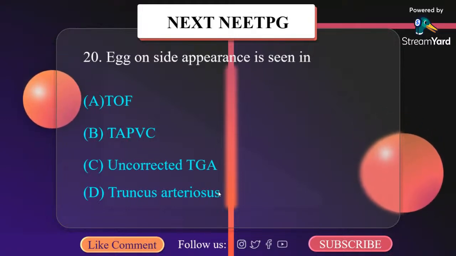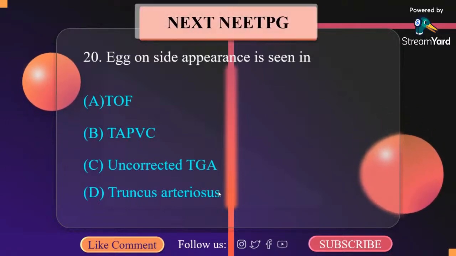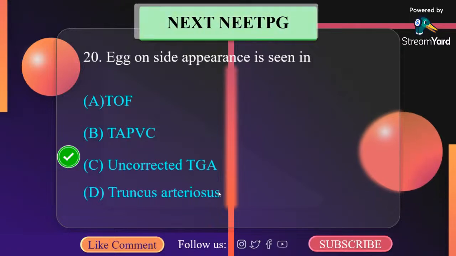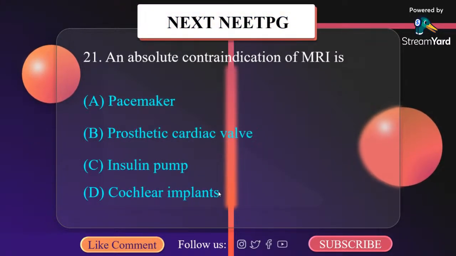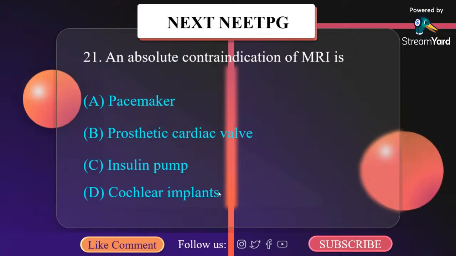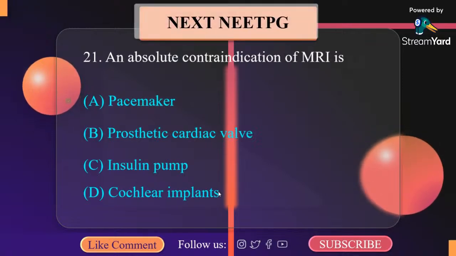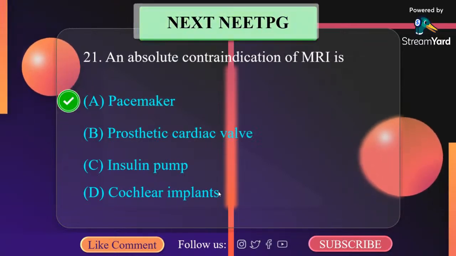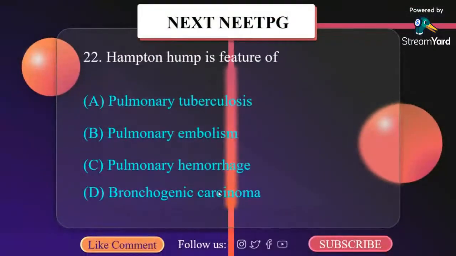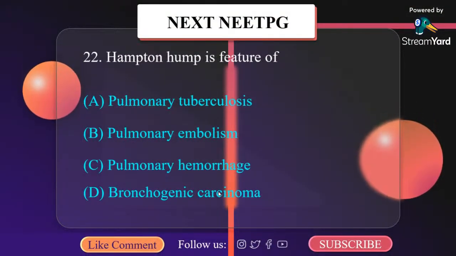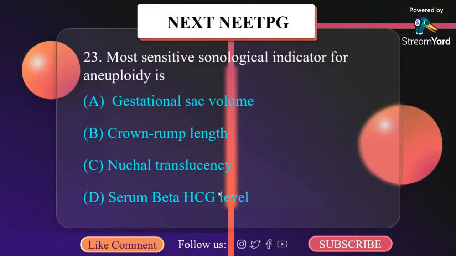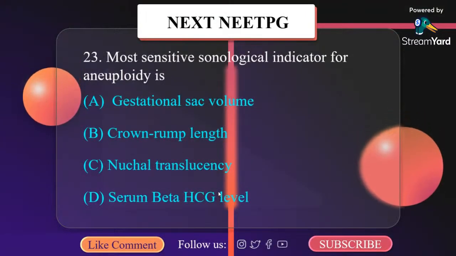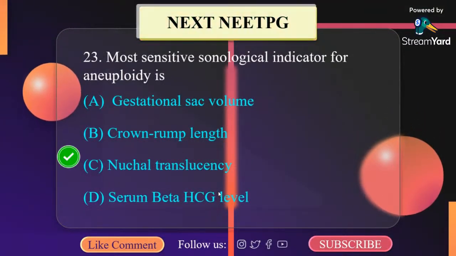Egg on side appearance is seen in uncorrected TGA. An absolute contraindication of MRI is pacemaker. Hampton hump is a feature of pulmonary embolism. Most sensitive sonological indicator of aneuploidy is nuchal translucency.